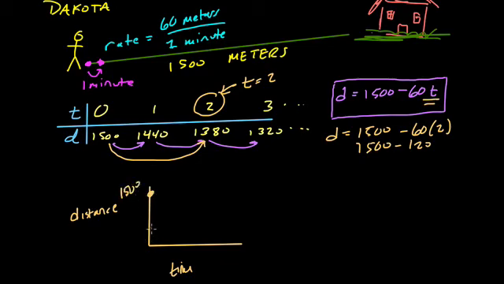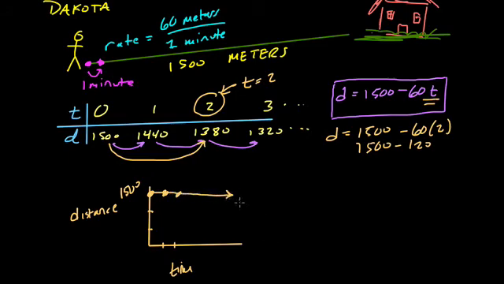I'm going to go up by 500, 500, 1,000, 1,500. After 1 minute, she's at 1,440, barely noticeable. 2 minutes, 1,380, and so forth. And you get this line, probably more like that. It just keeps going until it reaches 0. And my line is almost horizontal, just because of my scale.